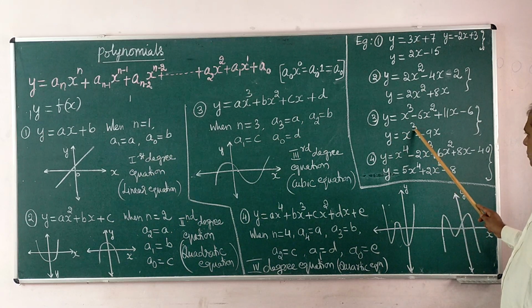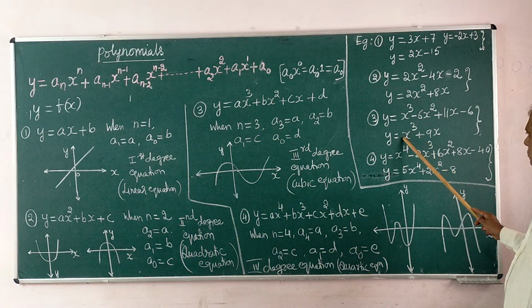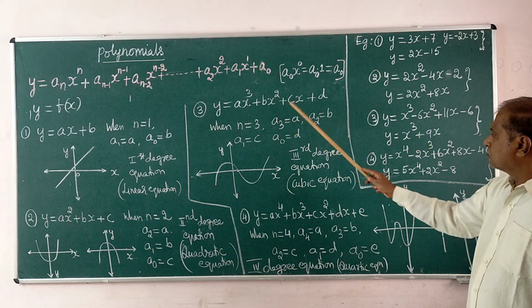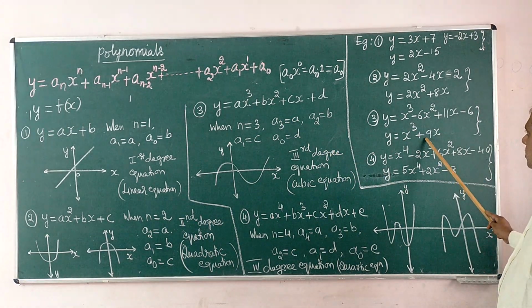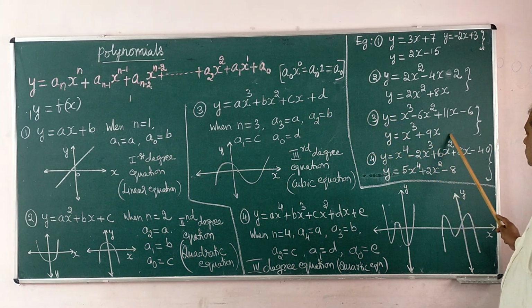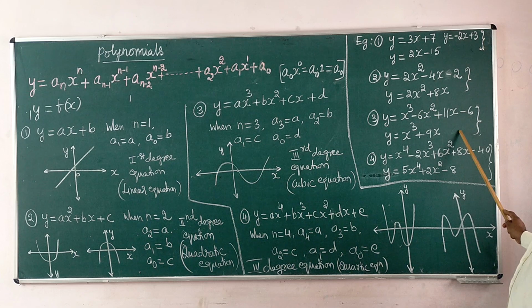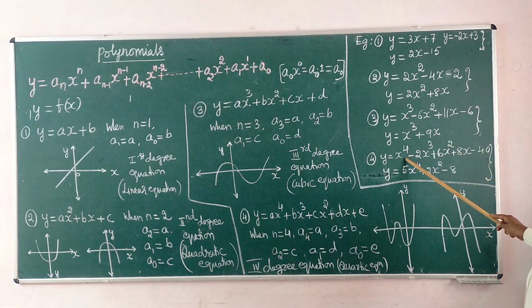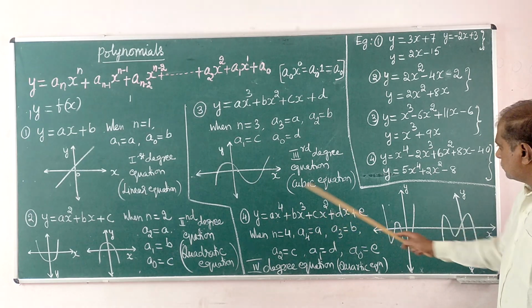Here x cube, A is 1, B is 0, the second term is 0, and C is 9, D is 0. That is possible. So these are examples of third degree equations, and examples of fourth degree equations are like this.